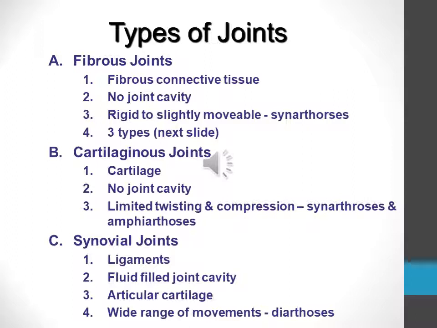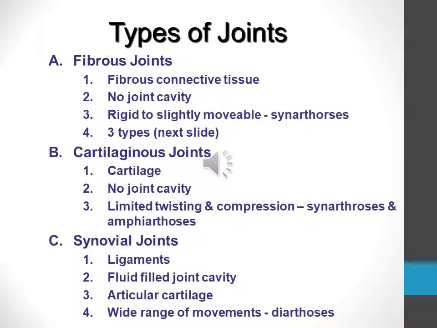We have our cartilaginous joints, which are held together by cartilage. Again, no joint cavity. They allow some limited twisting and compression. You typically see your synarthroses and your amphiarthroses here. And again, we'll talk about these on a later slide.